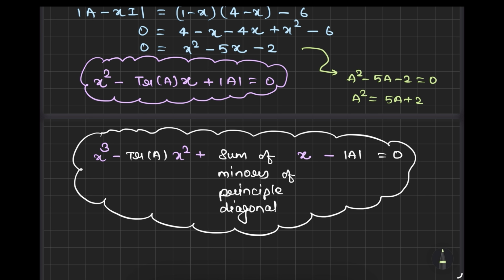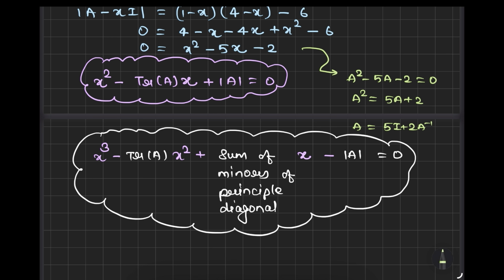Also, suppose you have to find out A inverse, so what will you do, you will multiply both sides by A inverse. So you will have A inverse into A square will become A, then A into A inverse will become identity, 5 times I, and then 2 times A inverse.